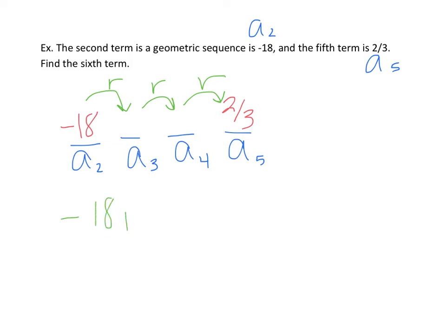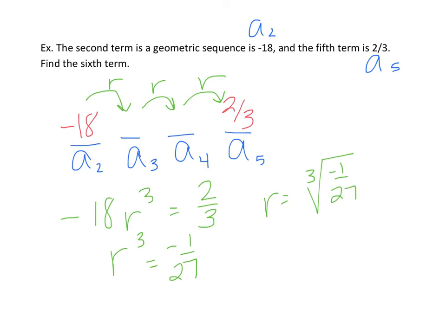Negative 18 times r cubed equals 2/3. 2/3 divided by negative 18 equals negative 1/27. To get rid of a cube, I take the cube root of negative 1/27.